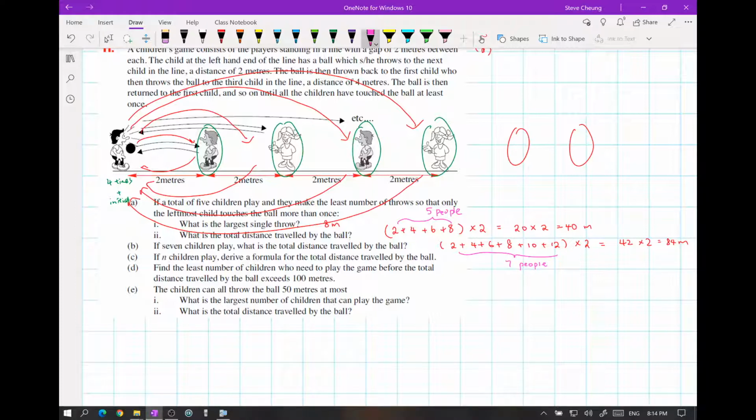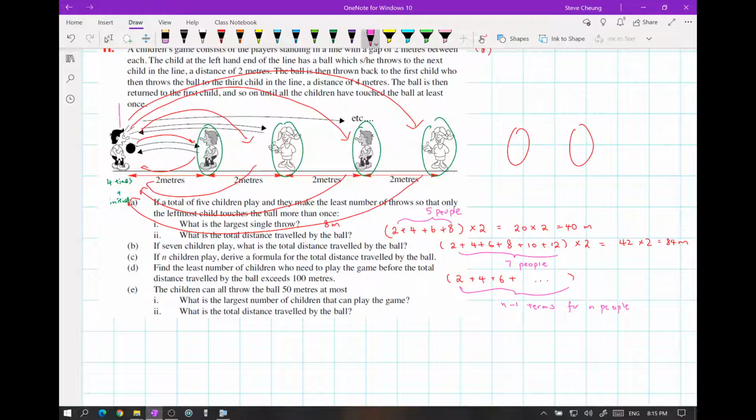So therefore, if I have n people, I should have 2 plus 4 plus 6 plus and so on, with n minus 1 of these here. There's n people, but there should be n minus 1 terms for n people. That's the pattern. Because the first guy doesn't have to toss it to himself.